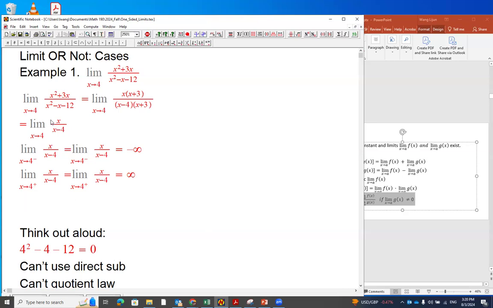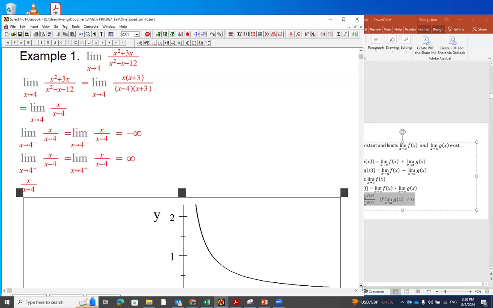This can also be confirmed if you draw the picture.